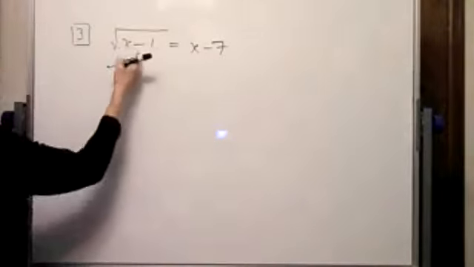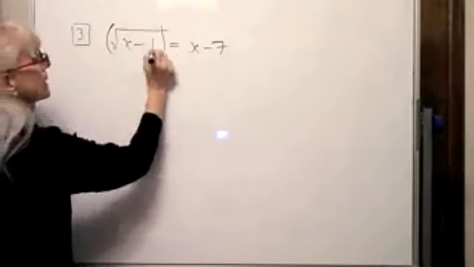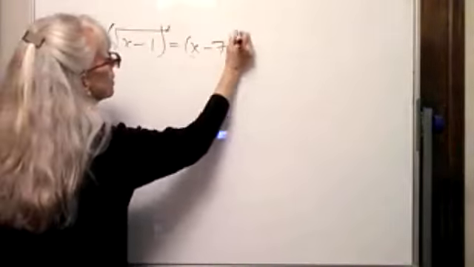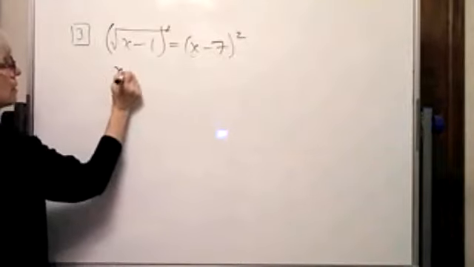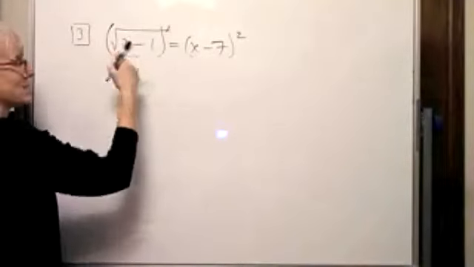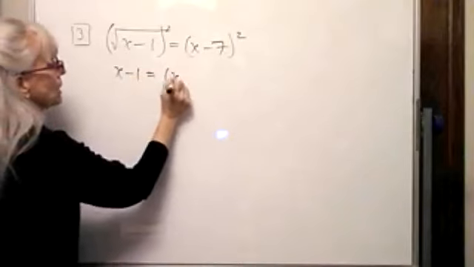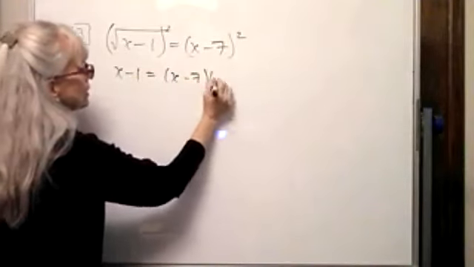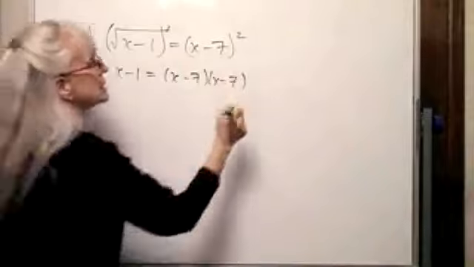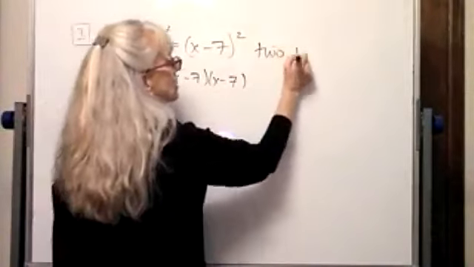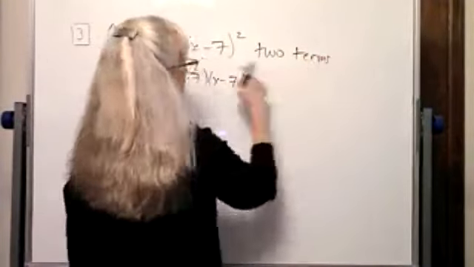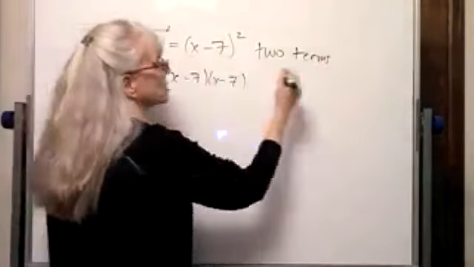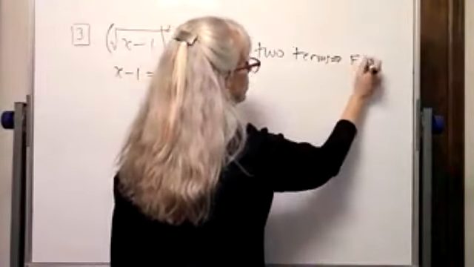We're still going to come in and get rid of the radical because it is isolated. We'll square both sides. So on the left side, the squaring undoes the radical. On the right side, though, what we really have is x minus 7 times x minus 7. So because this is 2 terms, the x is the first term, the 7 is the second term, we're going to have to FOIL.